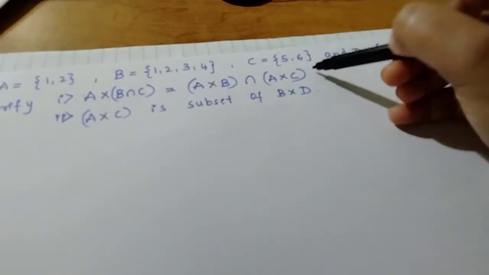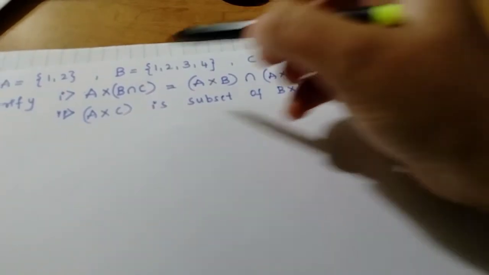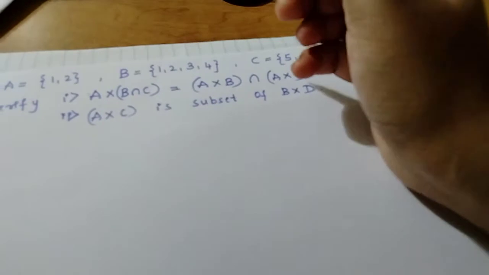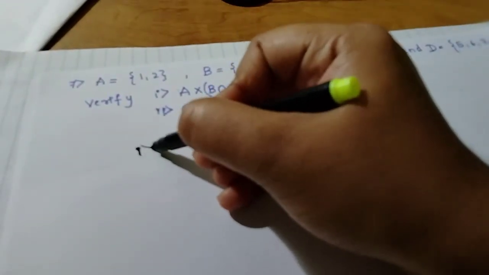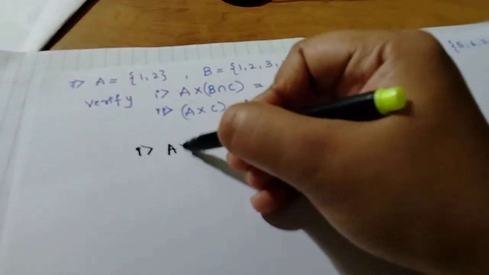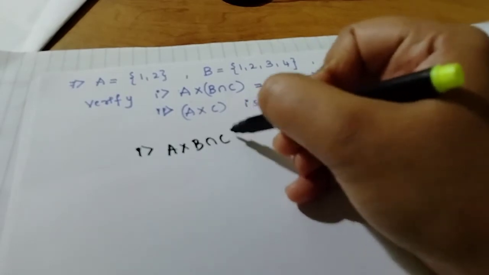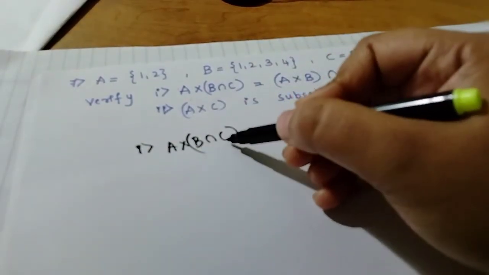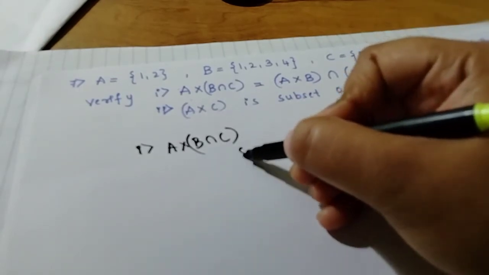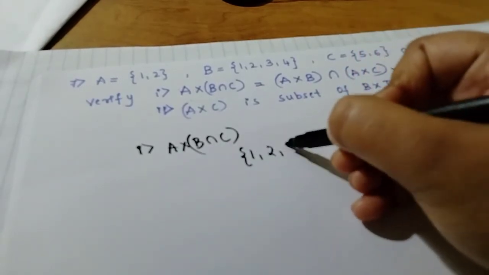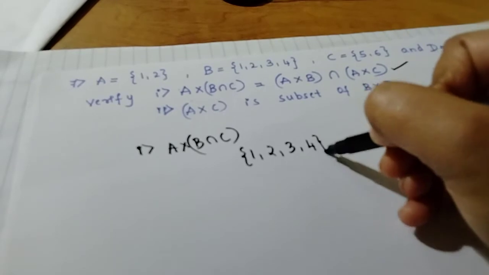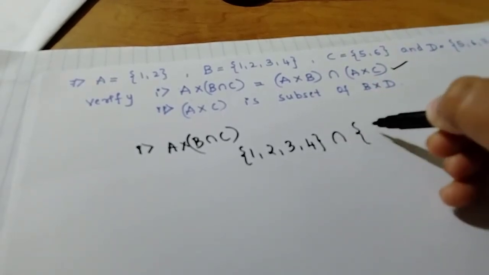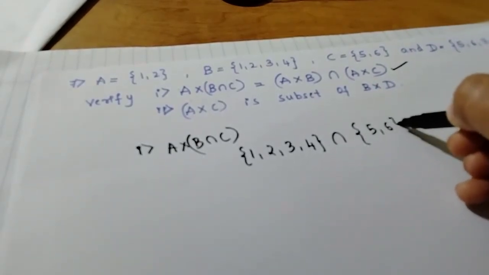So now I'll take up the first one: A cross (B intersection C). First see B intersection C. What is B? {1, 2, 3, 4} intersection with C {5, 6}.